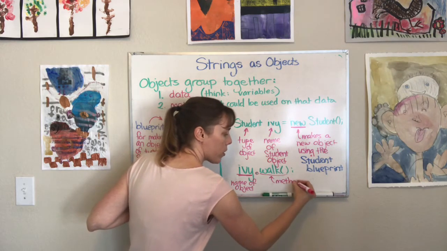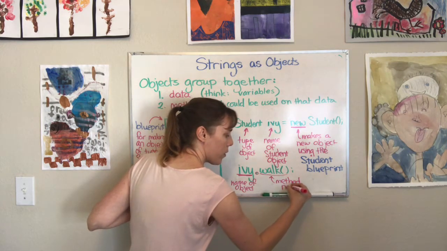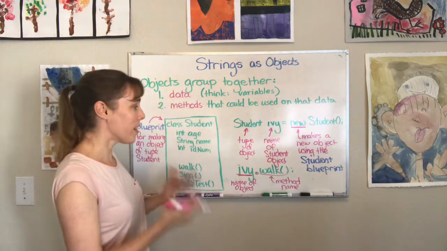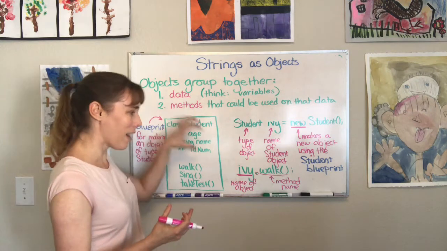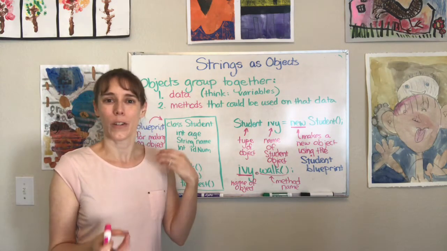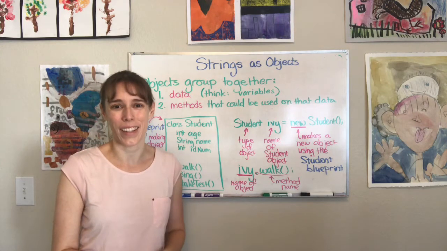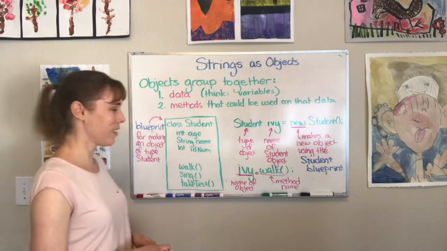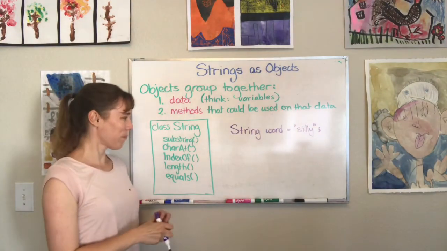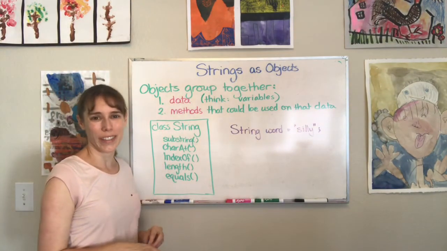And we're going to use this to work with strings now, because there is a String class that has a lot of different methods in it. And you can tell strings to do a variety of things. So that's what we're going to talk about next. So let's imagine that class String.